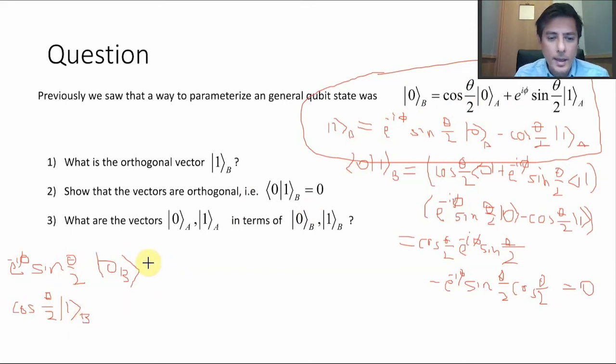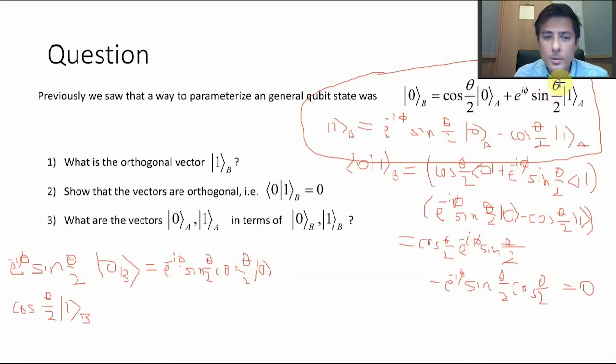Like this. And if we do that, then what we're going to get is this e to the minus i phi sine theta over 2, this is cosine theta over 2 on 0.